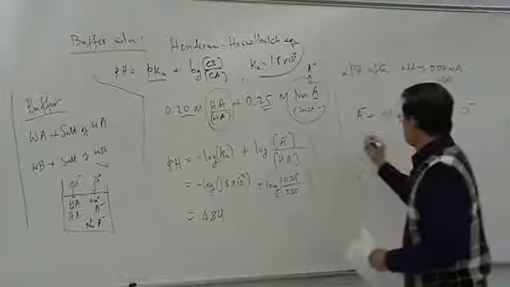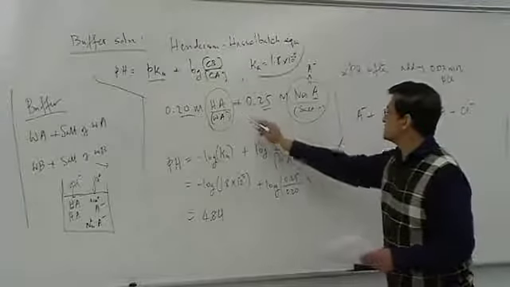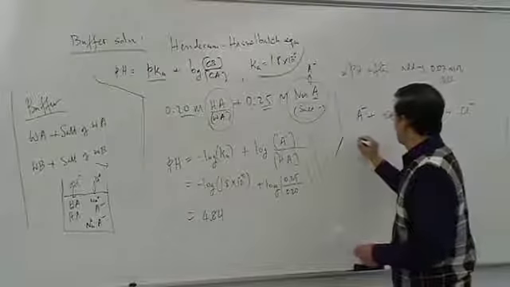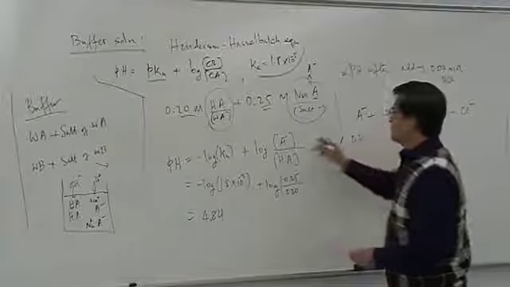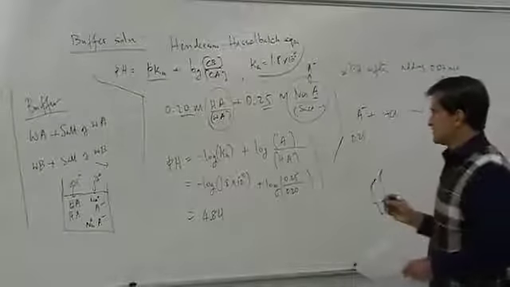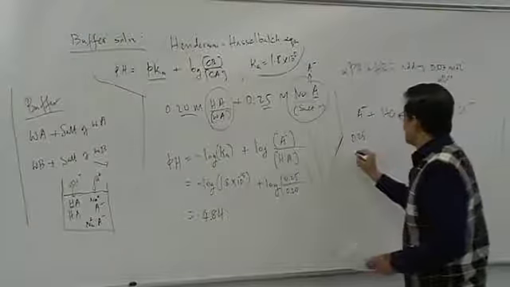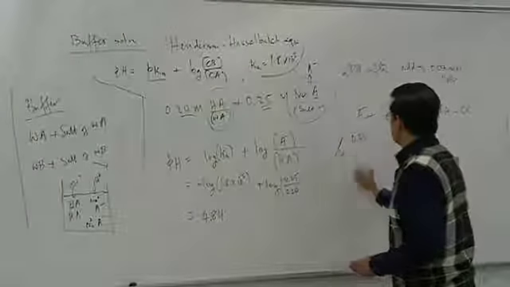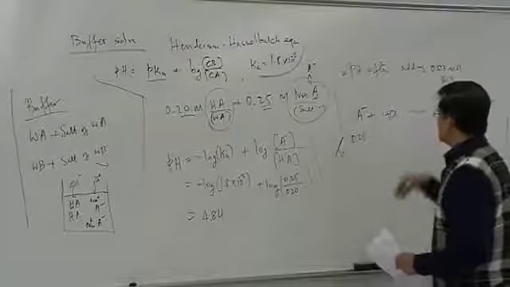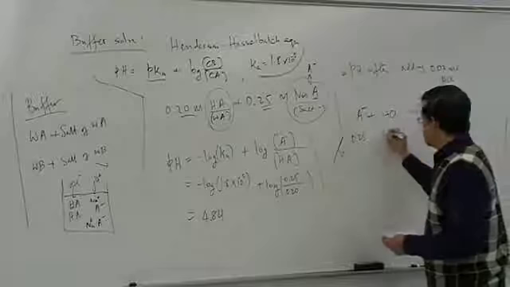Now, we already had A minus coming from sodium acetate, which is 0.25. The amount you get from the breakdown of HA is very little, so you can ignore that because this is a weak acid. So to make it easier, 0.25 molar is coming from the sodium salt, and 0.03 was HCl.